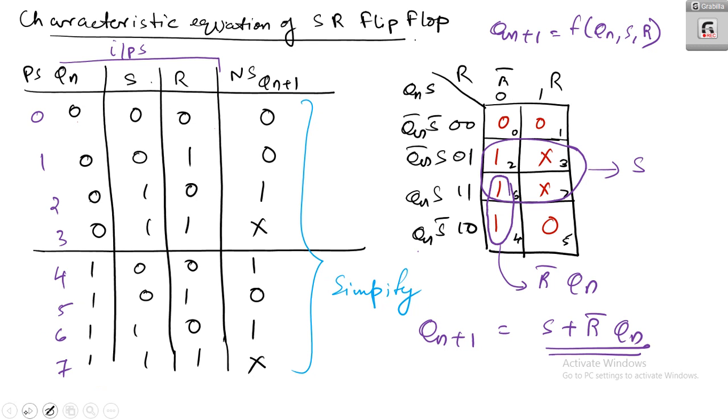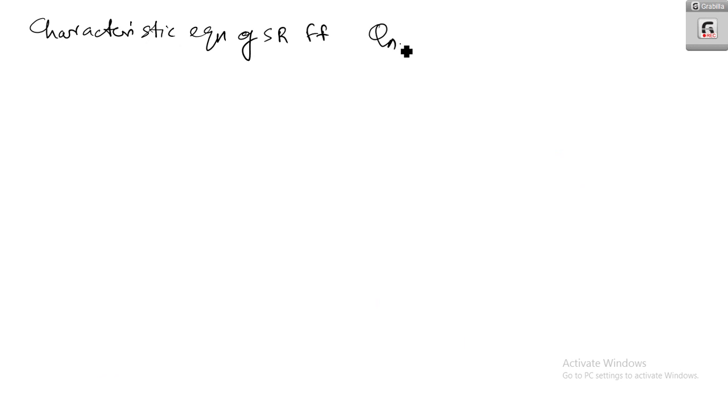Now, what is the characteristic equation? I am rewriting the characteristic equation of the SR flip-flop. The characteristic equation of SR flip-flop is Qn plus 1 is equal to S plus R bar Qn.